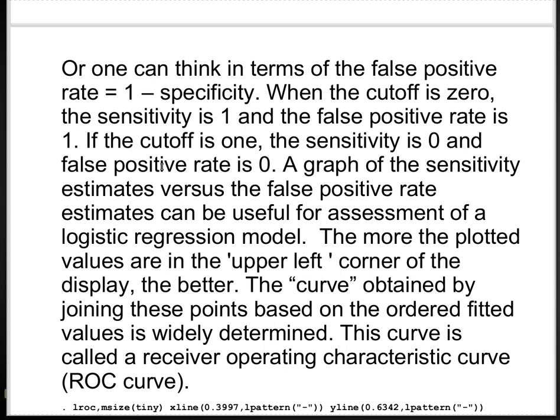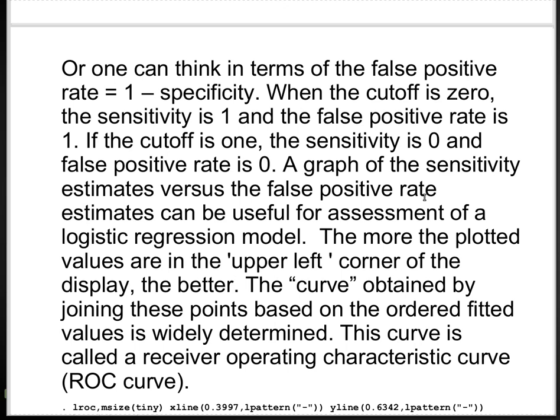Very widely seen. In fact, it turns out that a widely displayed graph is one in which we graph the sensitivity versus the false positive rate. This is called a receiver operator characteristic curve.